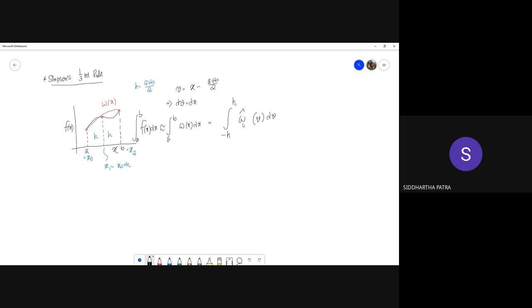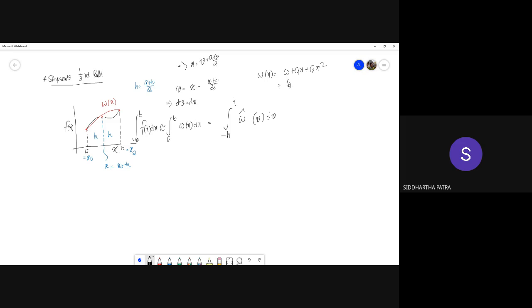Okay. Why did I go with a different notation? Because w of x, if it is like c0 plus c1x plus c2x squared, then as we can see, x is v plus (a plus b)/2.